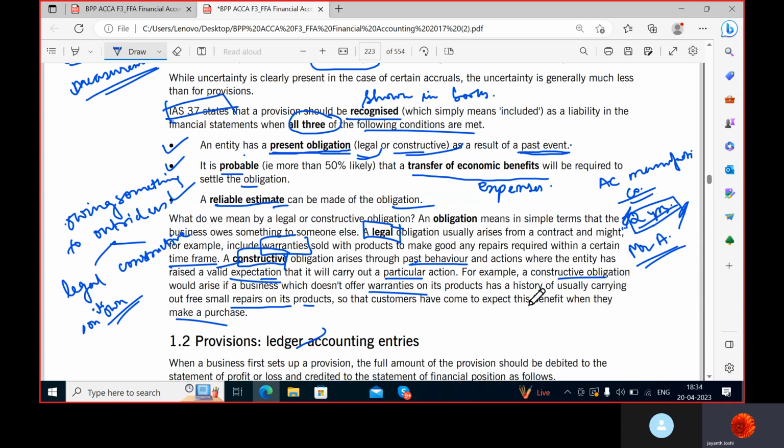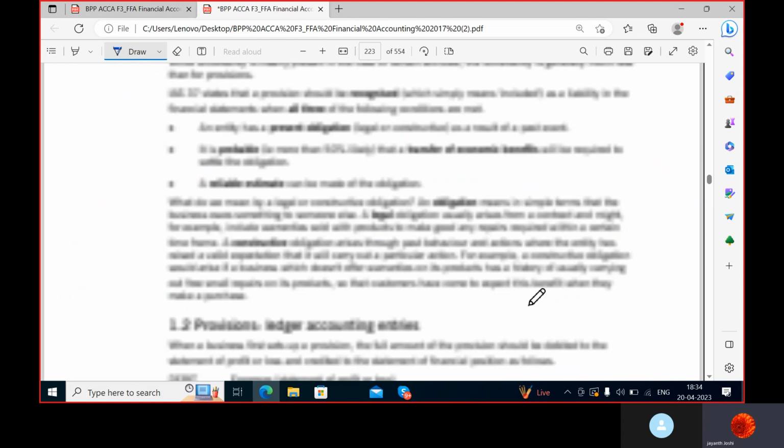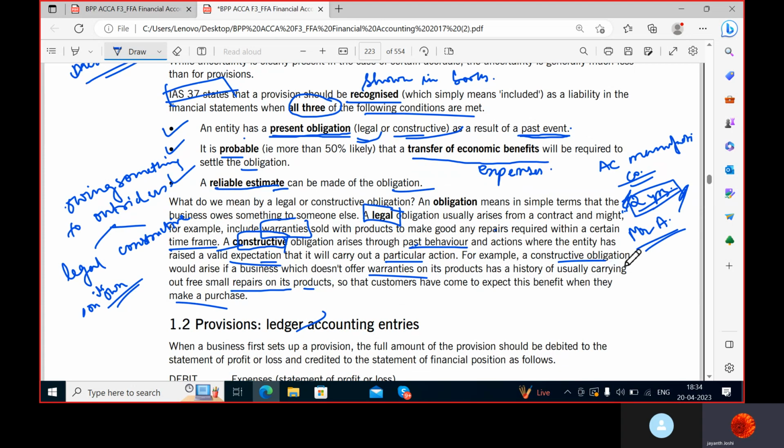Legally the company is not forced to do anything, but the company has made itself a legacy. Whatever product they are selling, they don't offer any kind of warranties, but still, if any small manufacturing defect or small repairs occur, that will be done free of cost.